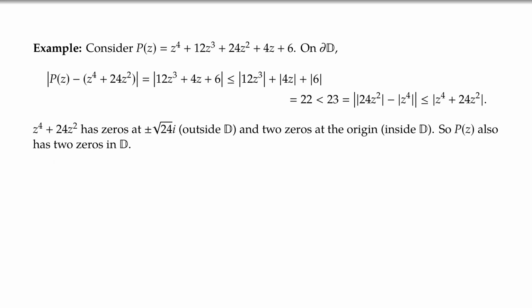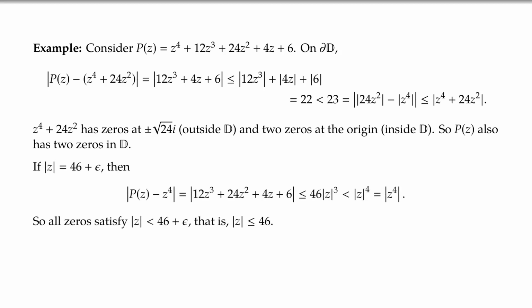Okay, so let's try to figure out something more about where these zeros are. We know that 2 of them are in the unit disk. So let's look at a circle of radius 46 plus epsilon, so slightly bigger than 46. And now let's subtract z to the fourth.